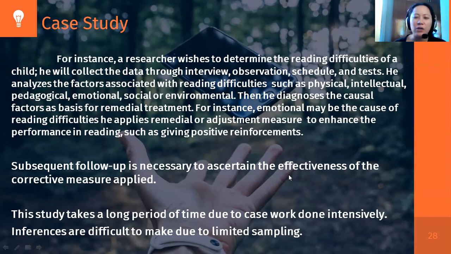So follow up and follow up, so it would really take time, and inferencing again is hard since sampling is limited to one. You can also have more than one as long as you can still thoroughly examine the case.